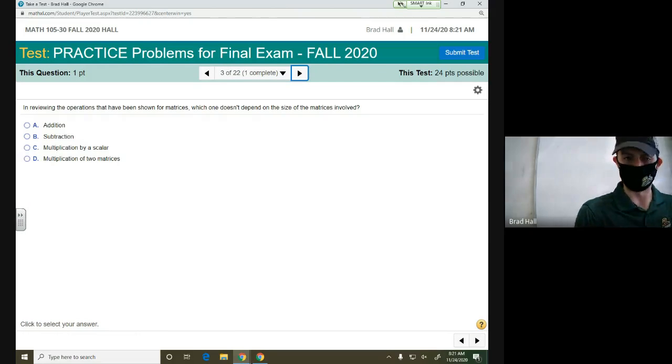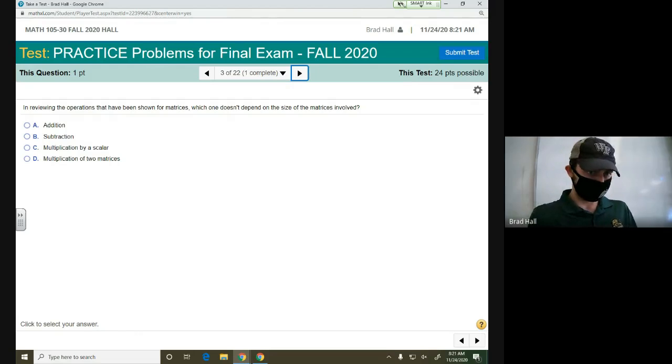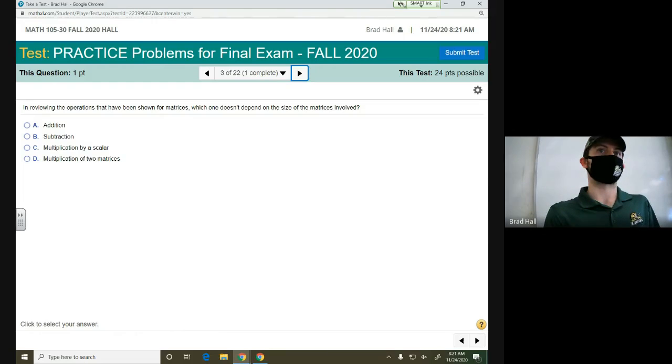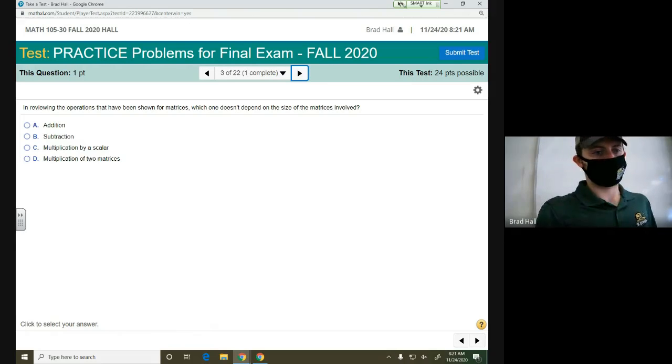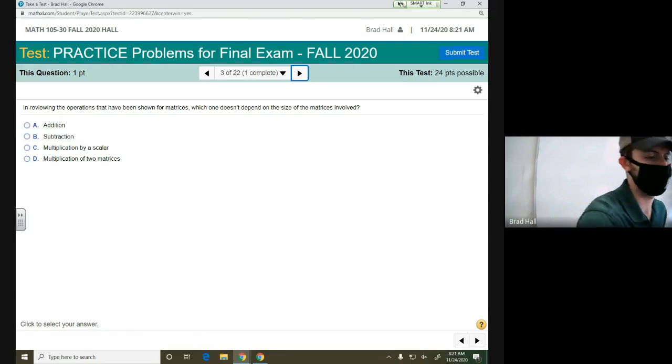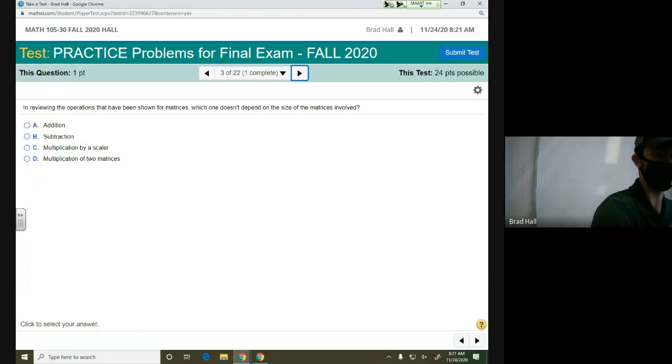Okay, I think this is a good conceptual problem. So we talked about matrix operations. Which one of these doesn't depend on the size of the matrices? Well, right here, we could think about addition.